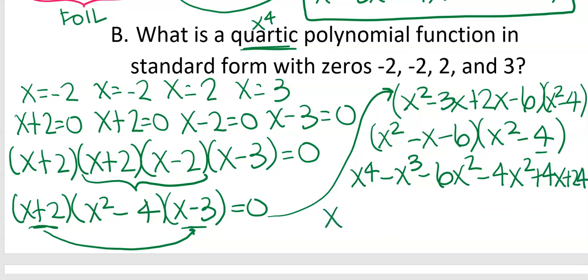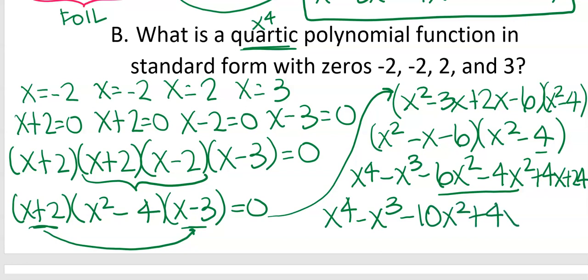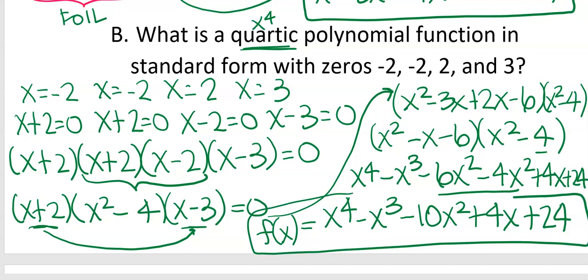And then we simplify, and then we are done. The only two that can be put together are those two. And there is your quartic function. And look, we did get x to the 4th as our highest exponent.